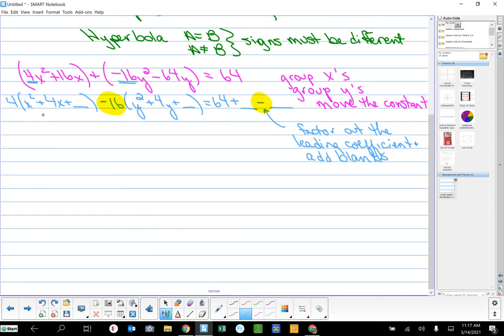All right, next. Remember that your next step is to fill in the blanks on the left. And that's done with 1/2 of b squared. So half of 4 is 2. Squared is 4.